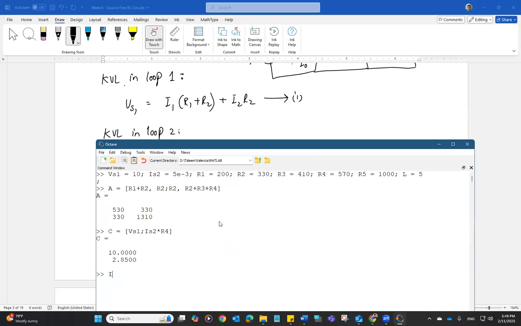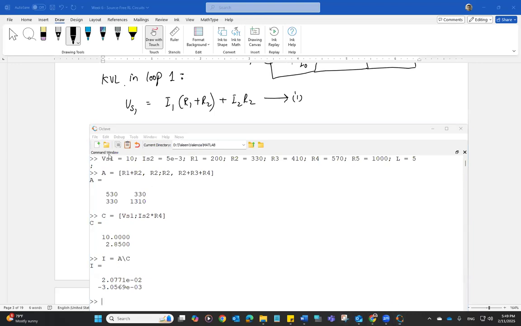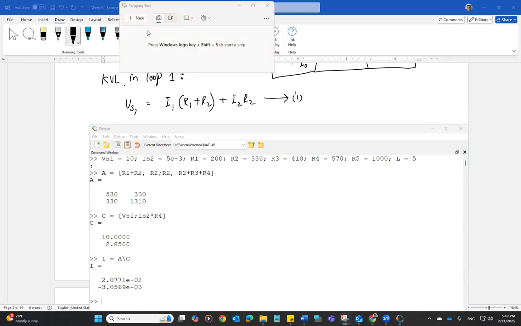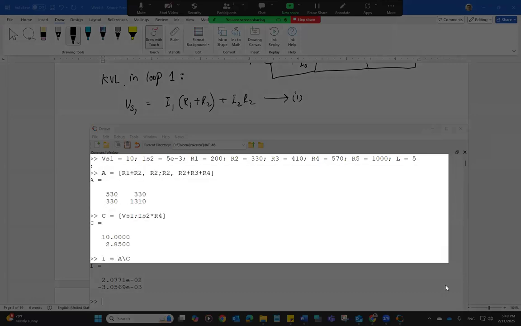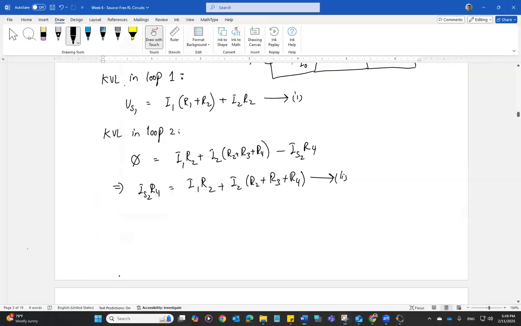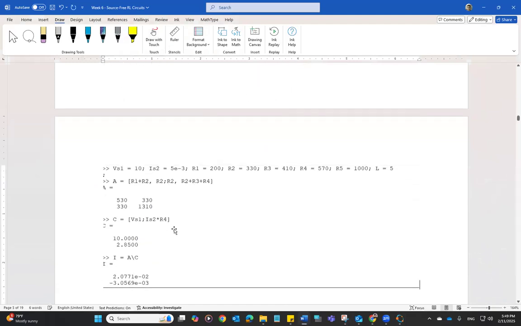This gives us my current vector as my coefficient matrix inverse times the constant vector. So these are my two current values. Let's go ahead and plug that in.